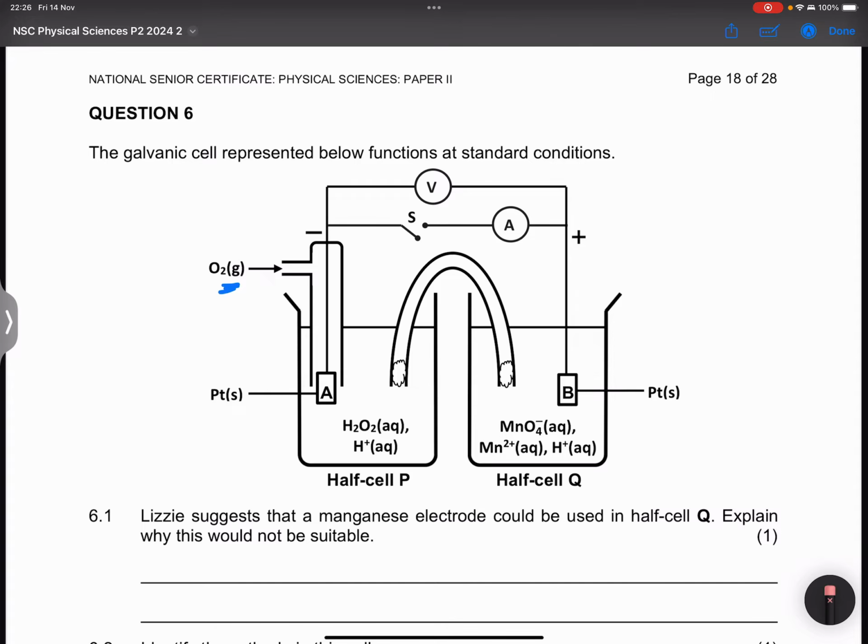So what I normally like doing is just going to our standard reduction potentials table.